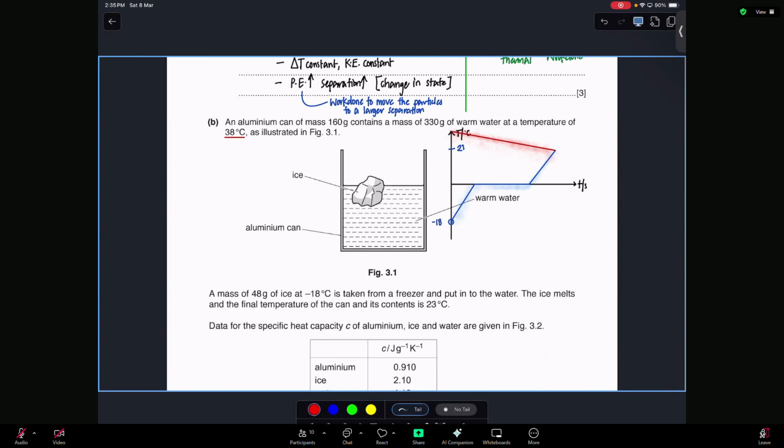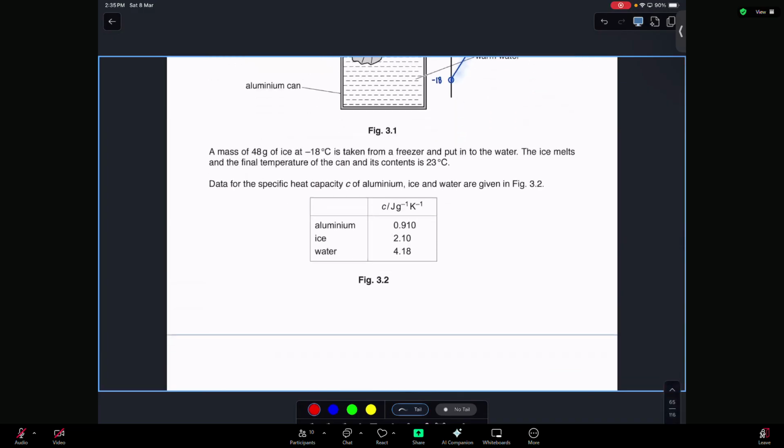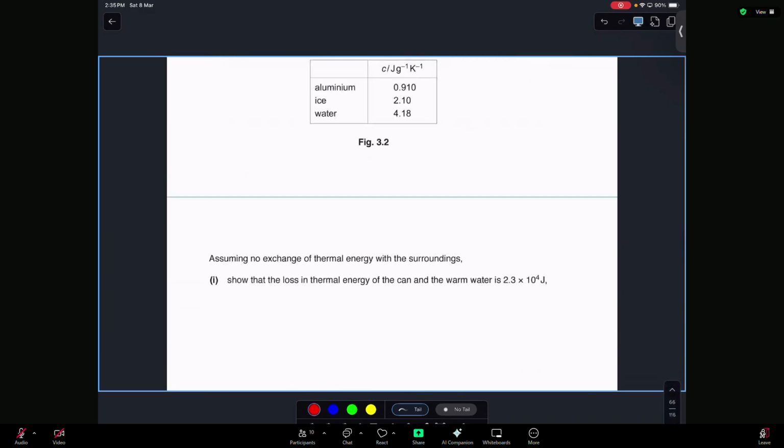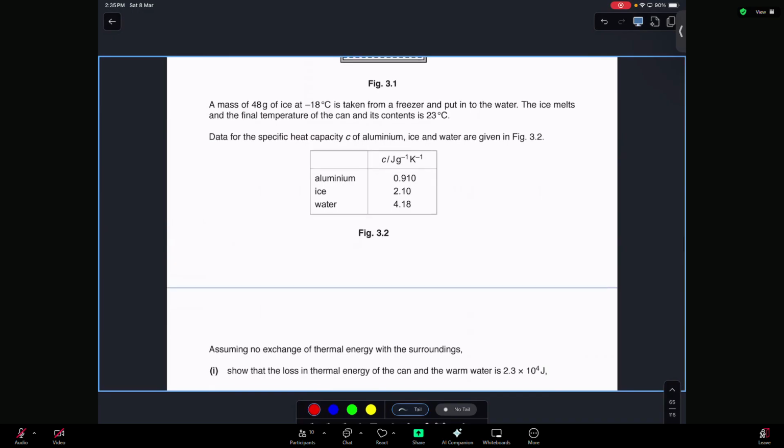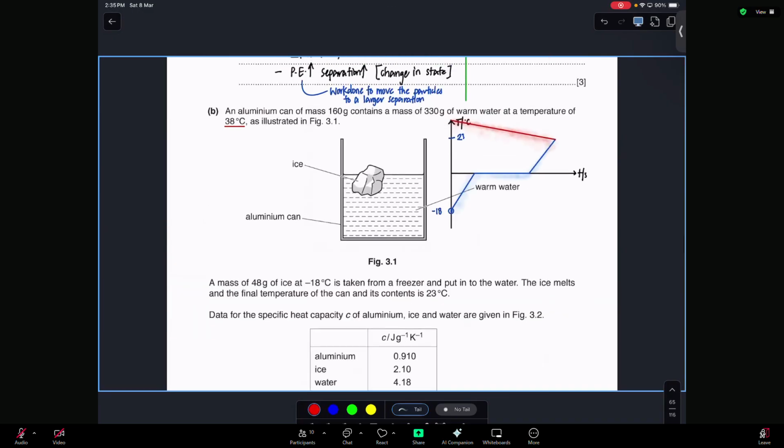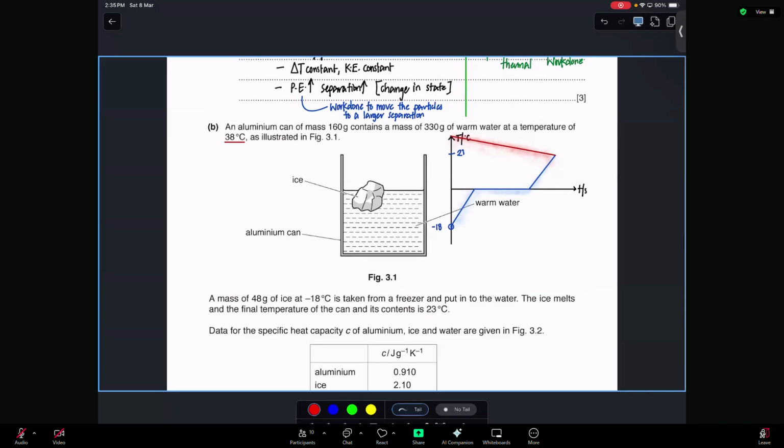Aluminium can. হ্যাঁ, that's true. Sorry, এখানে হচ্ছে দুইটা পার্ট আছে। অ্যালুমিনিয়াম ক্যানটা আছে। অ্যালুমিনিয়াম ক্যানের ইনিশিয়াল টেম্পারেচার কি ছিল? 38, right?